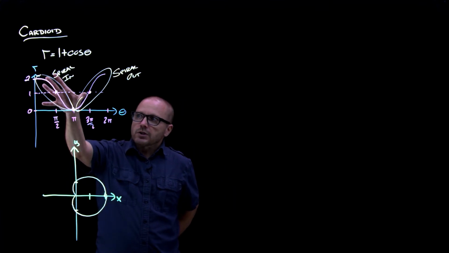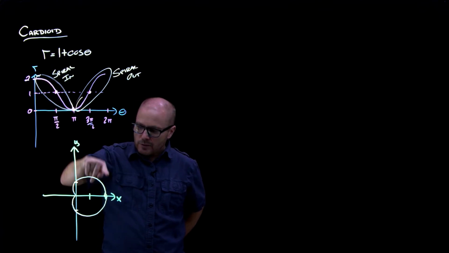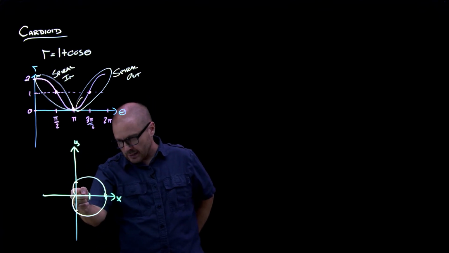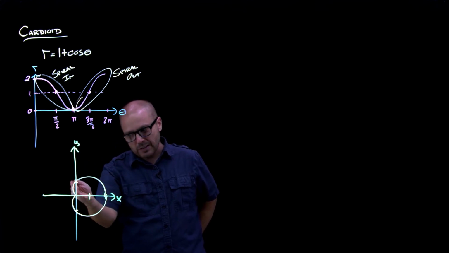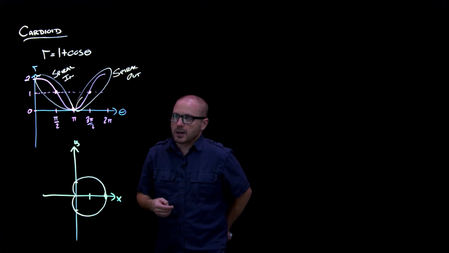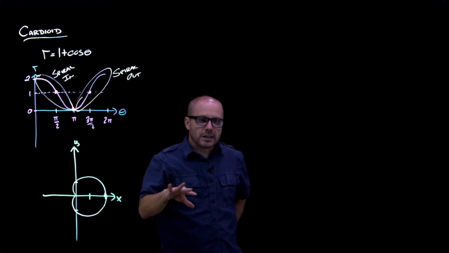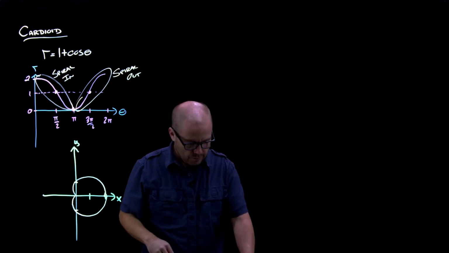Or we could shift it farther up so that it doesn't even make it down to an r of 0, in which case that point becomes less and less extreme because it doesn't come all the way in to the origin. So let's take a look on Desmos and see how we can play around with some coefficients to get some different behavior.